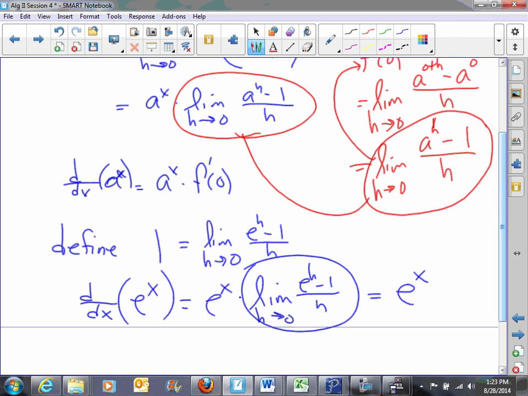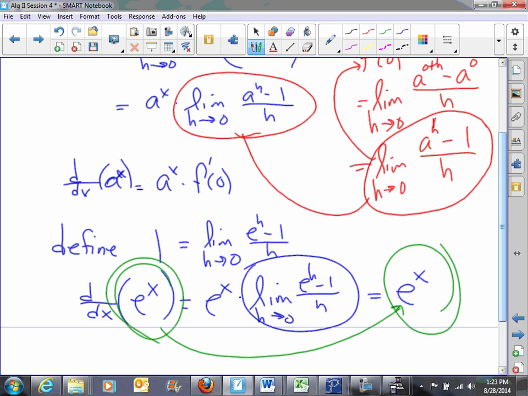Now what that means, and this is kind of important, is that e to the x is its own derivative. So the derivative of e to the x is e to the x.